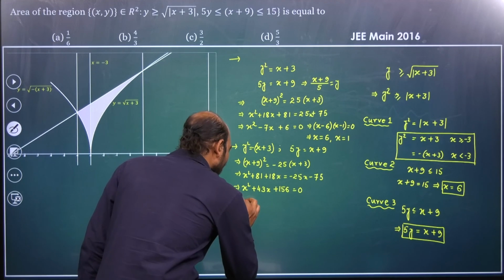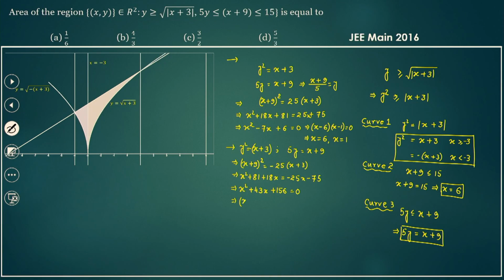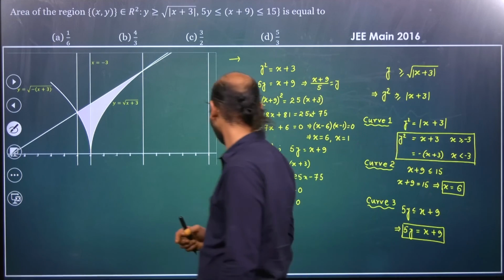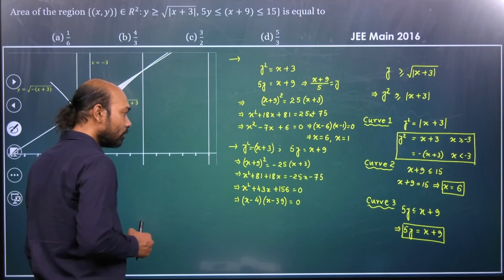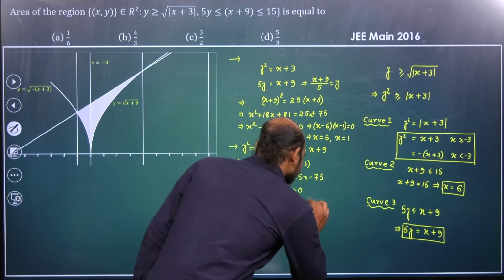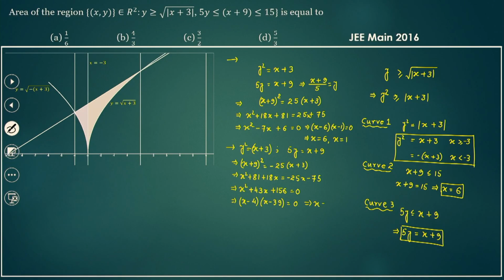If I do this factorization, we get x minus 4 and x minus 39, equal to 0. I think that's the correct factorization. Okay, 4 and 39 is 33. Yeah, that's correct. So the final answer is x equal to 4 and 39.